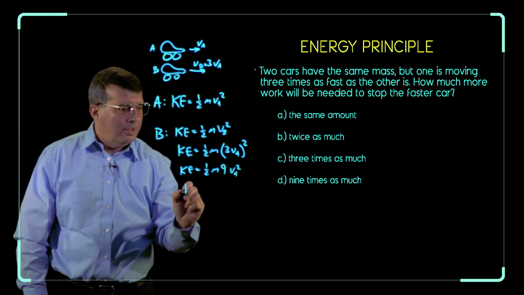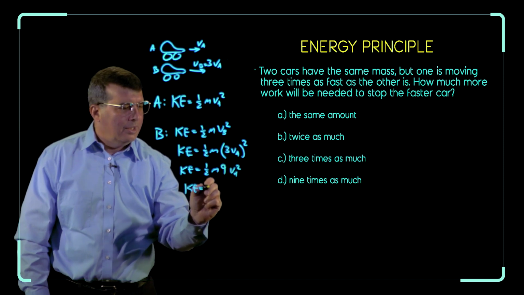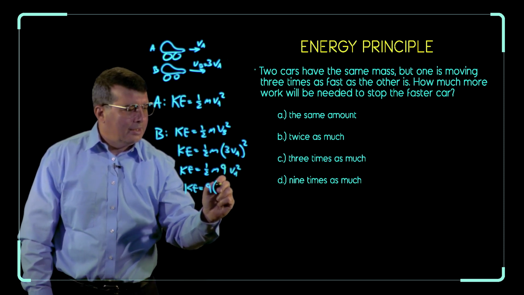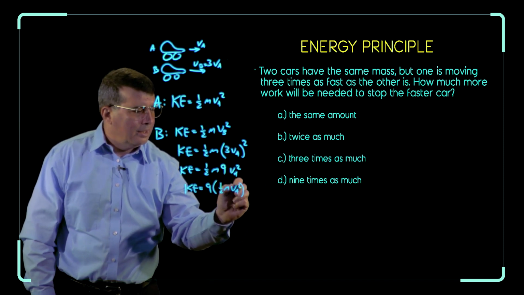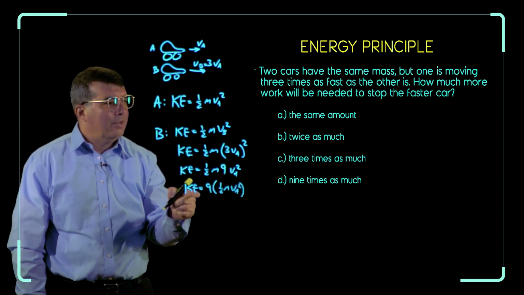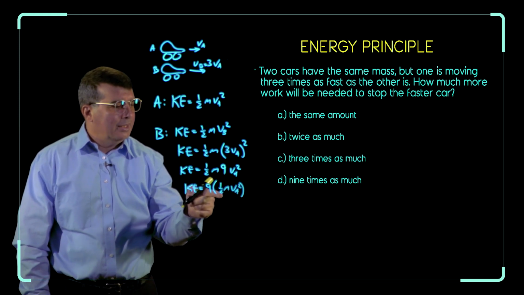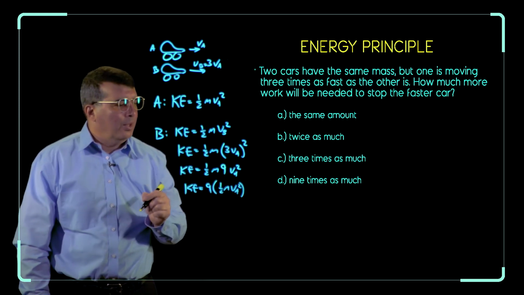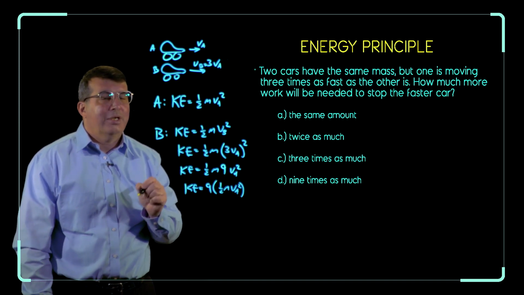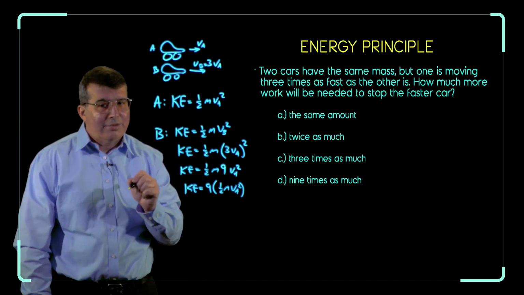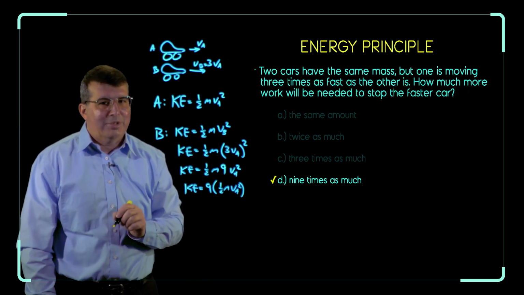So the kinetic energy of B is 9 times 1/2 mVA squared, or 9 times the kinetic energy of car A. So the correct answer here is D, 9 times as much.